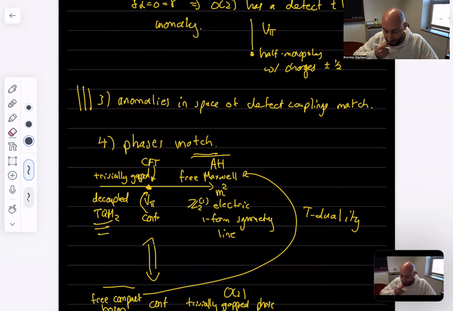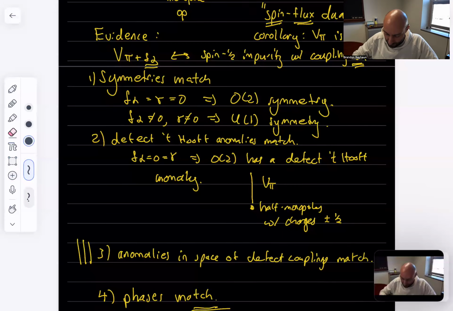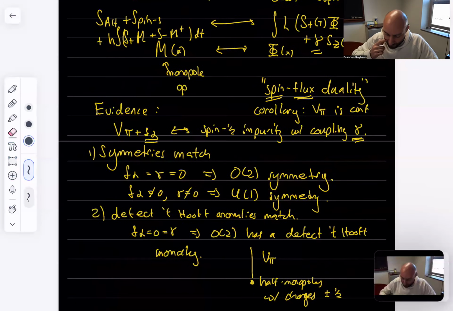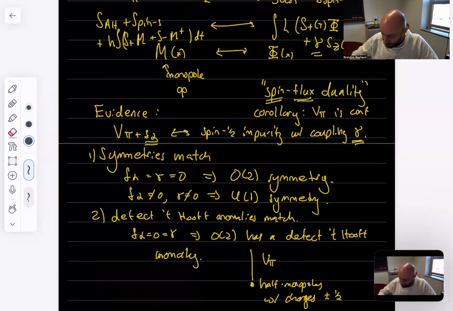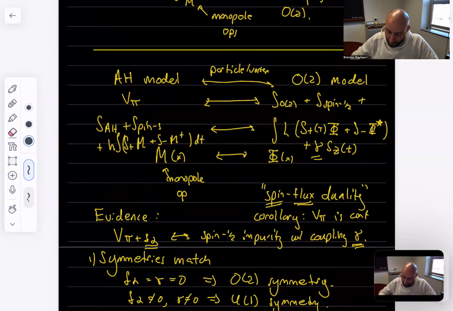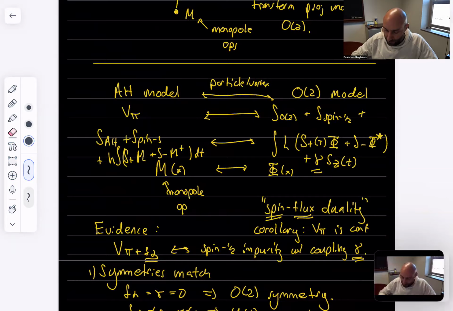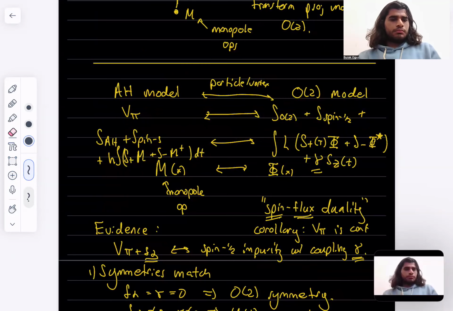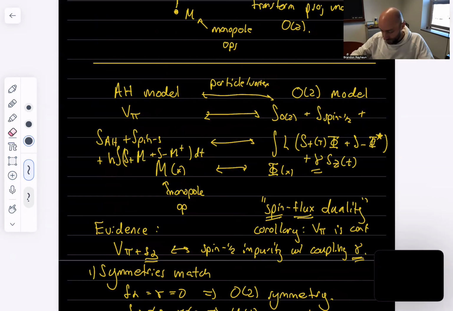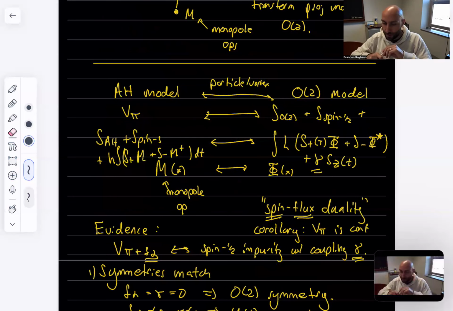There is, of course, an open question which we'll probably try to think about soon, which is that there's this well-known story of many years ago that these particle vortex dualities tend to fit into a web. So once you have one example of a particle vortex duality, usually you can obtain a whole host of other examples by applying some simple transformations to the theories on both sides of the duality.